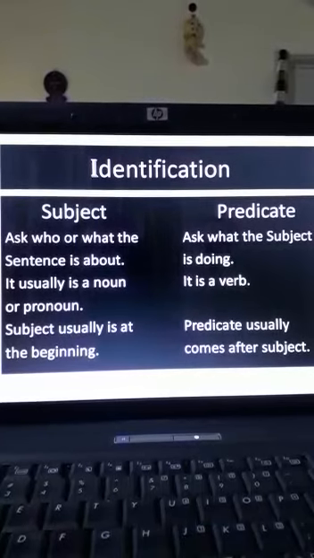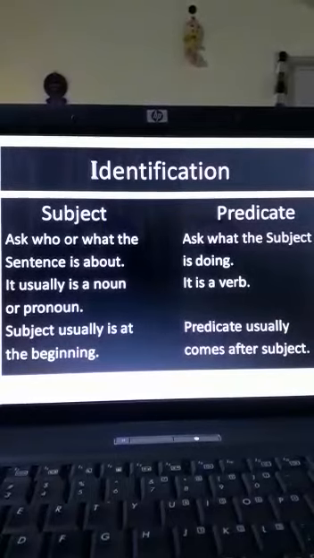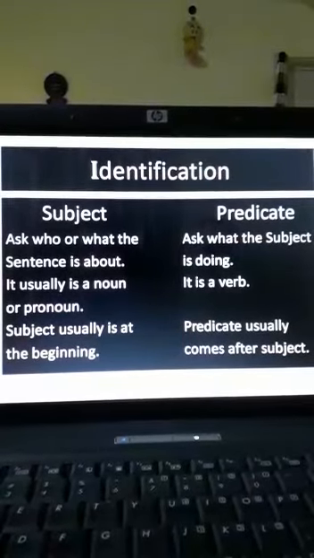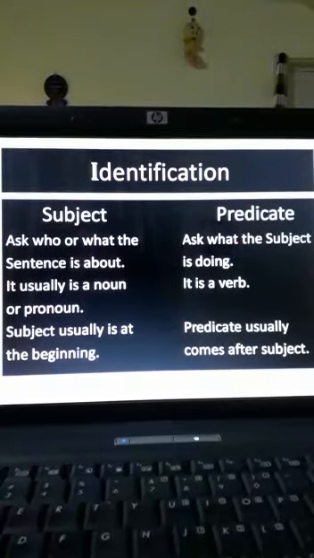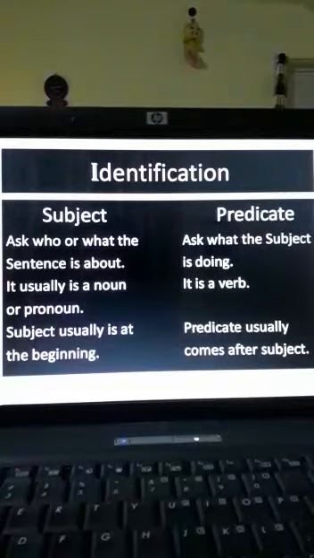So always, students, remember, usually the subject comes first and then the predicate. But there is an exception to this rule. The exception arises only in the case of an imperative sentence where there is no subject.